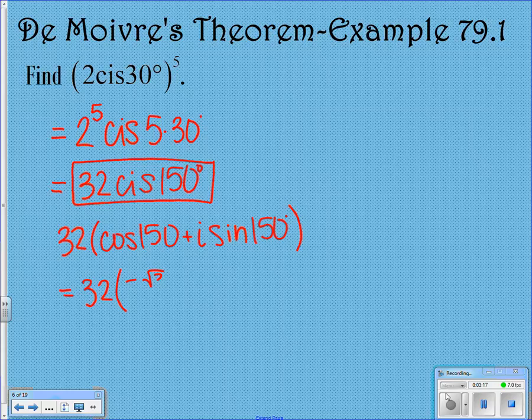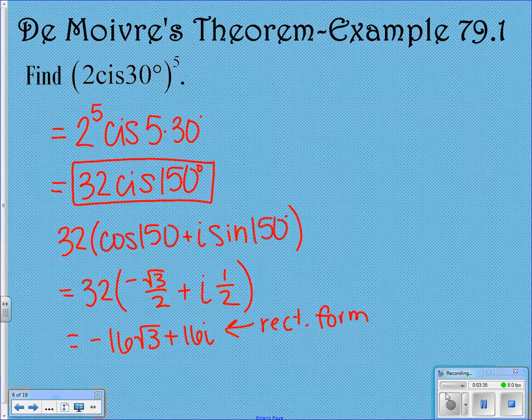Negative square root of 3 over 2. And then the sine of 150 is 1/2. And so now we would just say negative 16 square root of 3 plus 16i. And this would be in rectangular form.